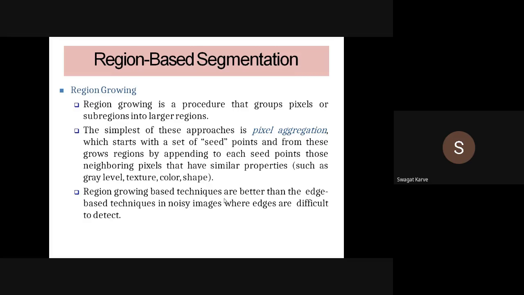These are the three detection techniques based on the discontinuities. In every technique, whether point detection, edge detection, or line detection, we are using a mask to detect an object, so that we can extract that object later on, right? For the extraction, first we have to detect.